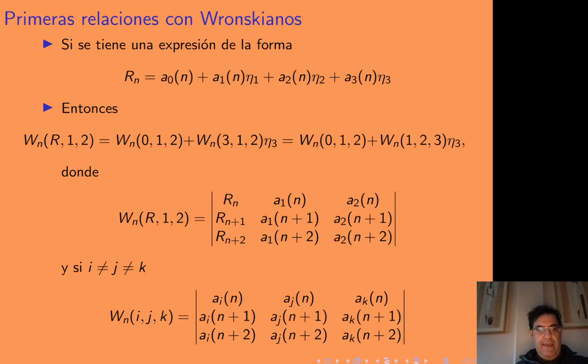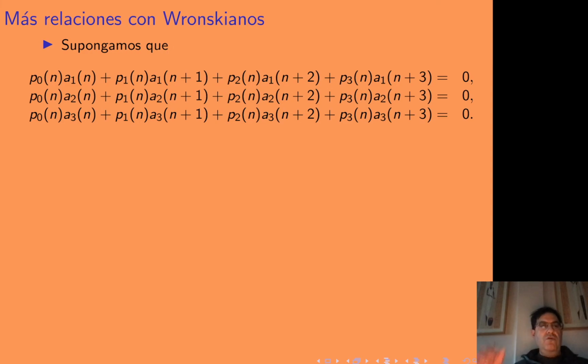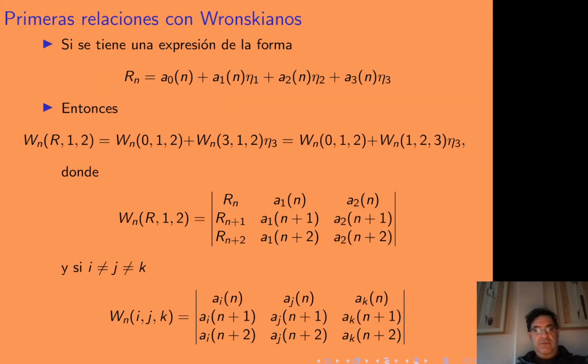Okay, now suppose that what we want is to obtain solutions, or which kind of equations fulfill this kind of Wronskian. This is the one I want, or this, right? But in this particular case, I want this.